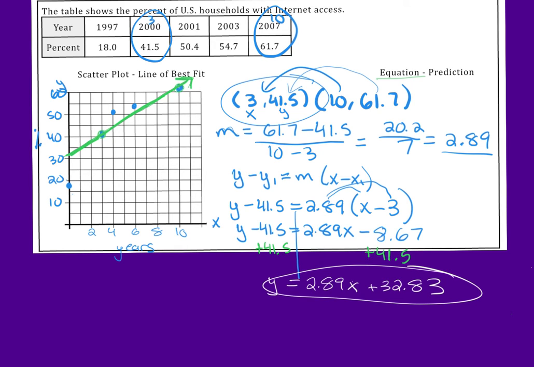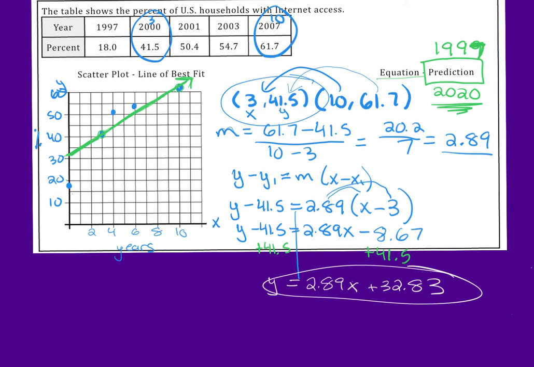Now, once we make an equation, the whole purpose is to then make a prediction of the future. So let's say we want to predict, based on our data, what percent will have internet access in, let's say, 2020. So 2020 is how many years after 1997? It's 23 years.